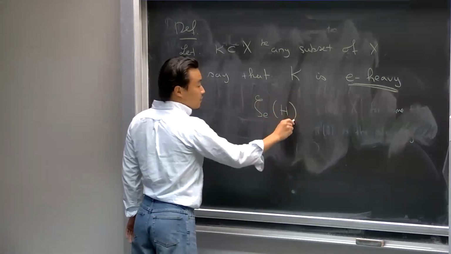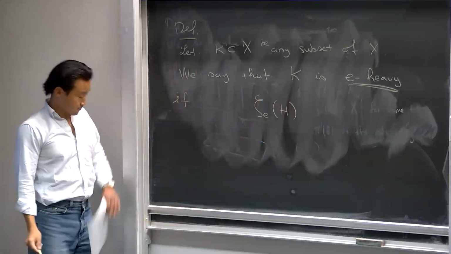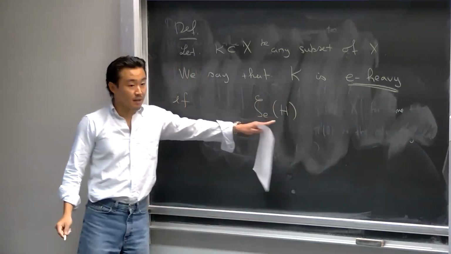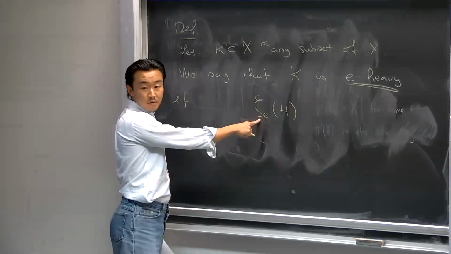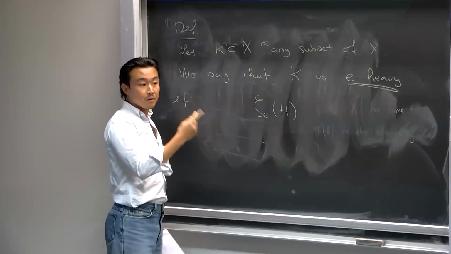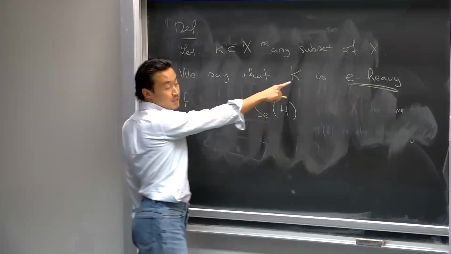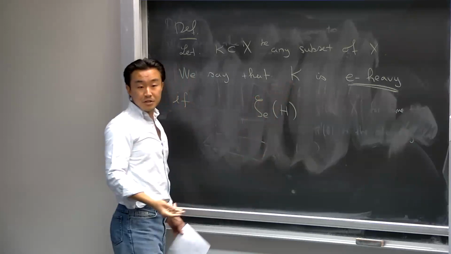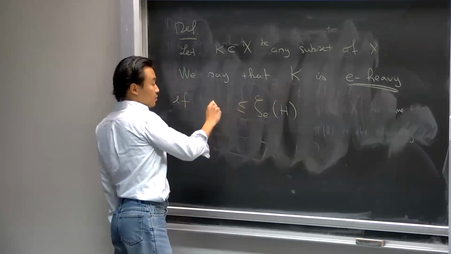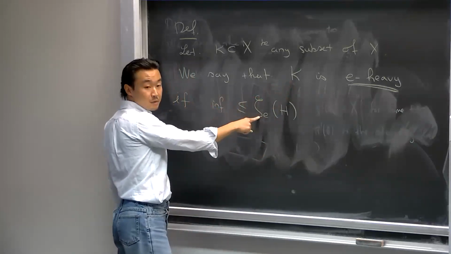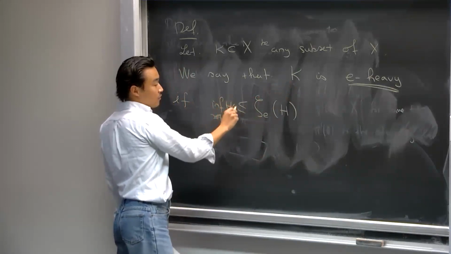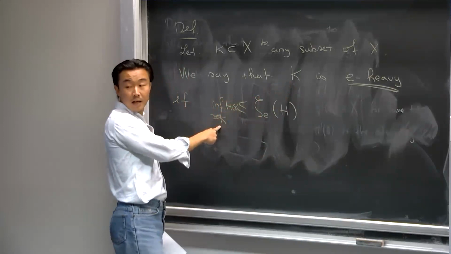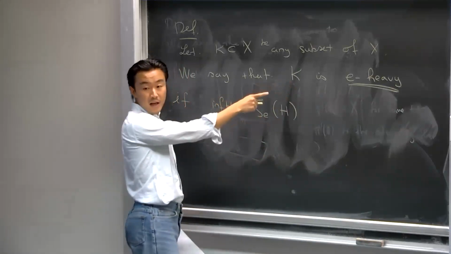So this function zeta comes just from Floer theory of the entire manifold. It has nothing to do with the subset K. But if we just happen to be able to bound this quantity by looking at the value of H on K, then we call it heavy.